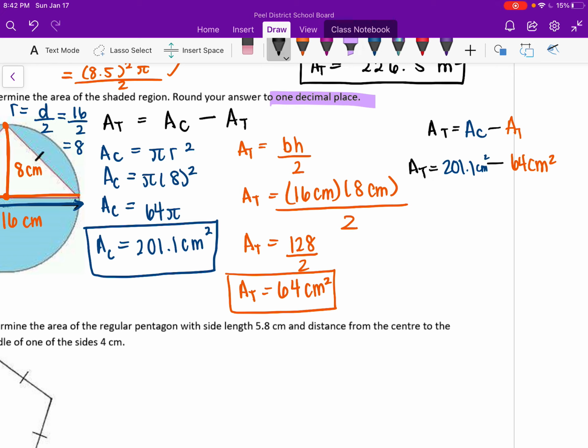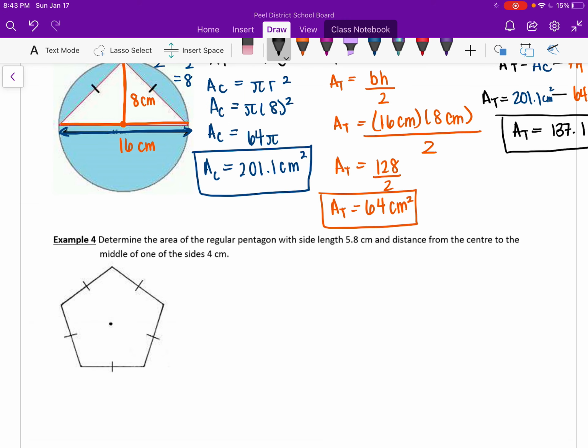So 201.1 minus 64 is going to give me a total area of 137.1 centimeters squared. So my total area of my shaded area is going to be 137.1 centimeters squared. Okay?